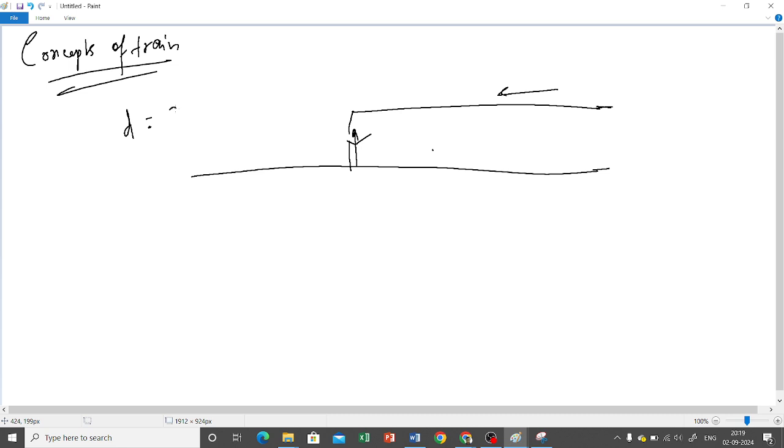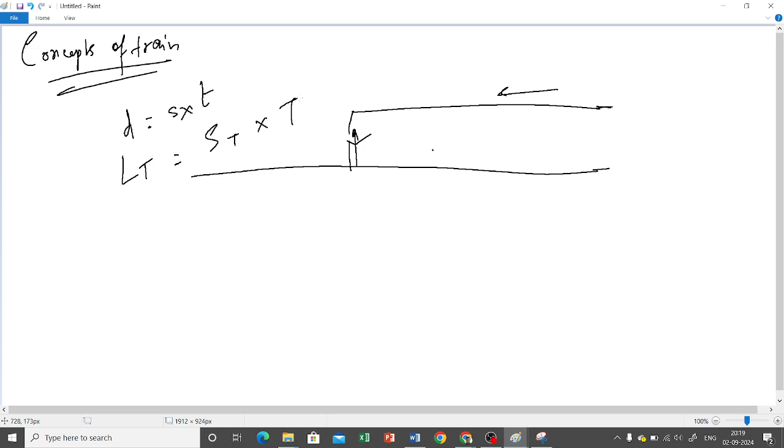So distance is speed into time only. What is this distance? It is the length of the train. This is going to be the speed of the train, and this is going to be the time that the train takes for crossing the person. So LT is equals to ST into T.